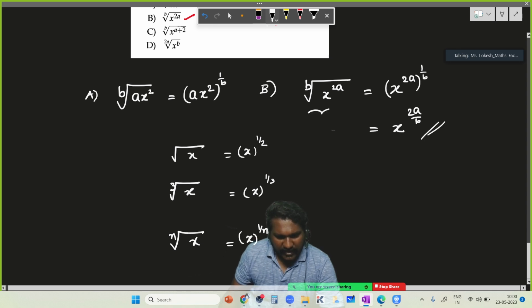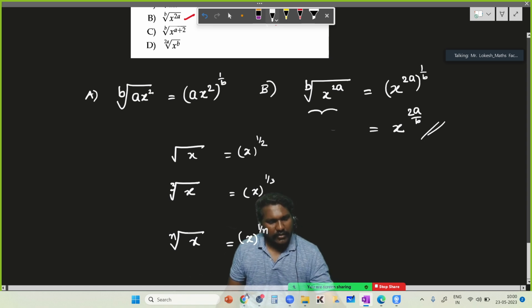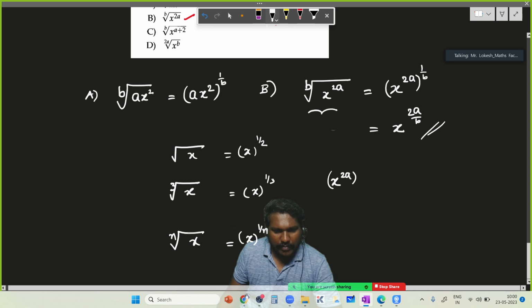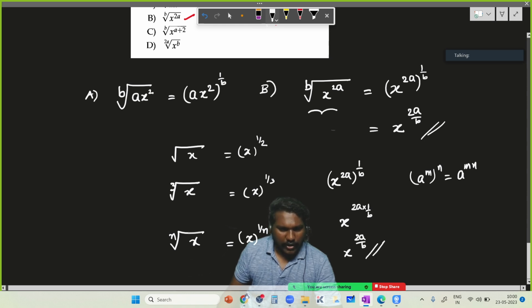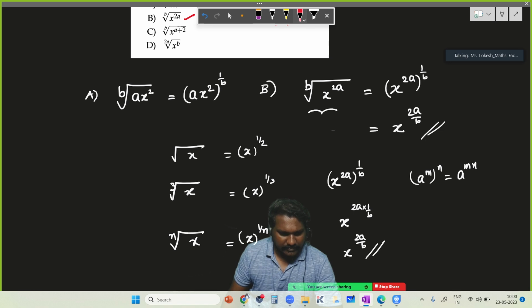Similarly, here we have bth root, which can be written as x power 2a whole power 1 by b, and if it is of the form a power m whole power n, we can write it as a power mn. So x power 2a into 1 by b can be reduced to 2a by b, and option B is exactly correct.